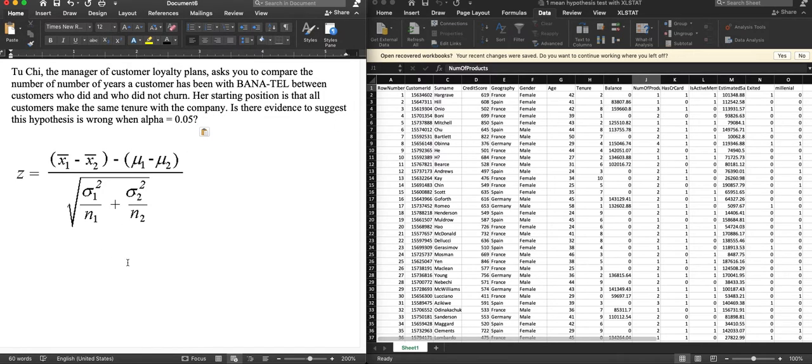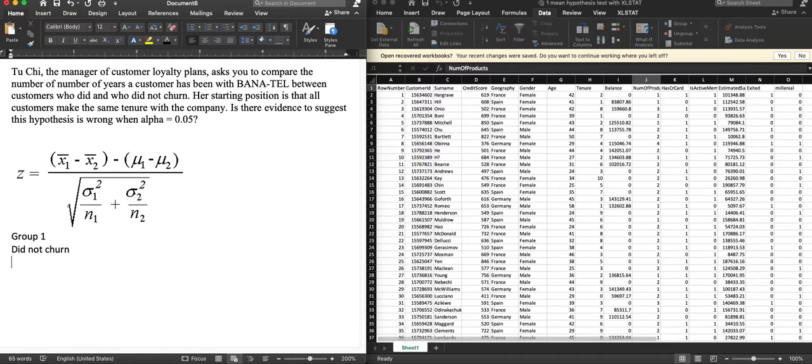So we need a couple of bits of information here. We're going to need to know the average for people who did not churn, the average for people who did churn, the standard deviation of people. So let's just do group 1 is did not churn.